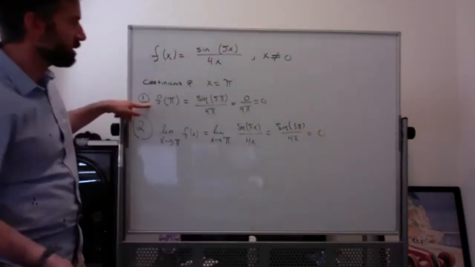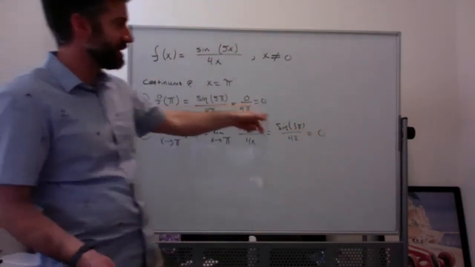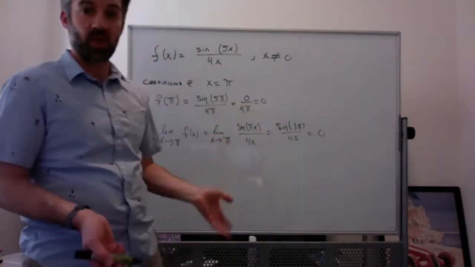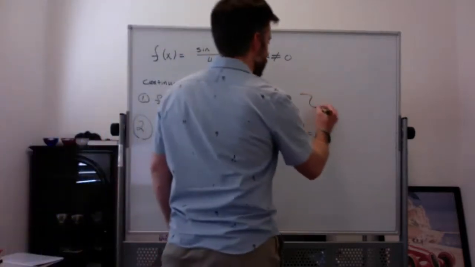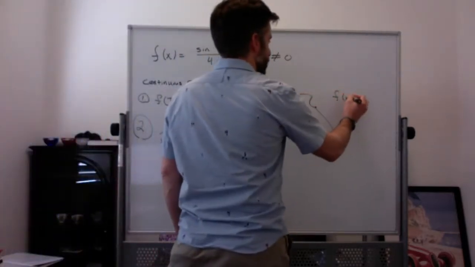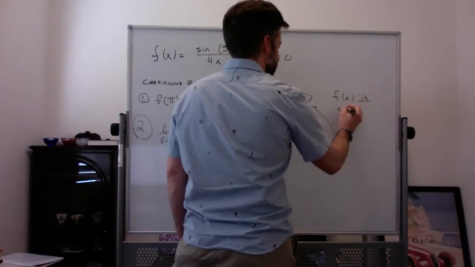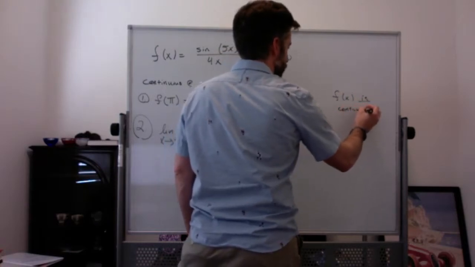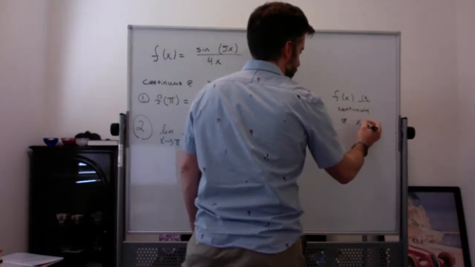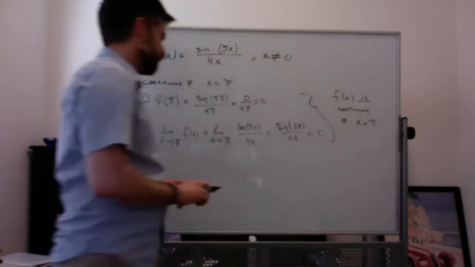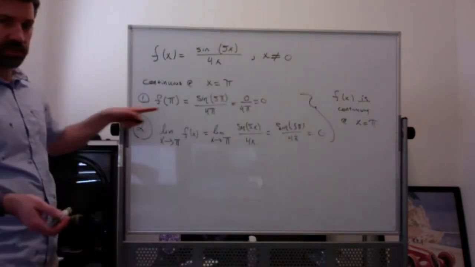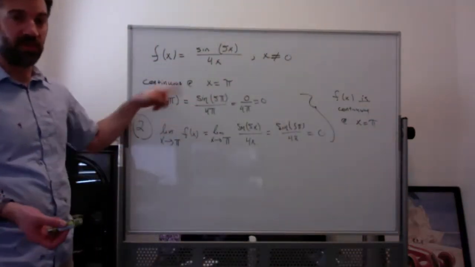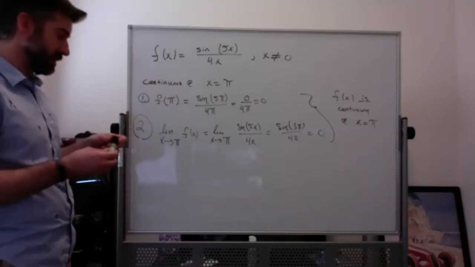And then since the function exists and the limit exists and they're the same, we get to say the function is continuous. So these two things together mean f of x is continuous at x equal to pi, because the function exists, the limit exists, and those two values are the same.